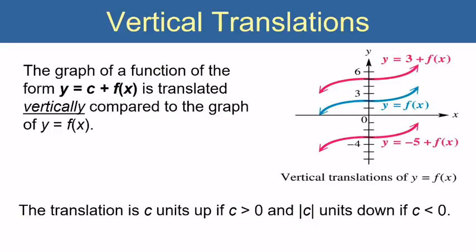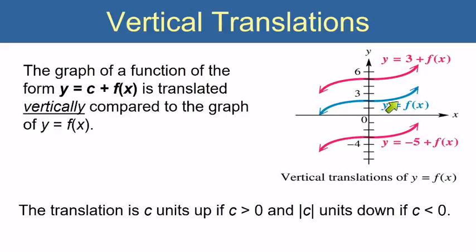Okay, now let's talk about vertical translations. If you have a C number, a number that's added or subtracted from the function, then that's going to move the graph vertically. You can imagine whatever your function value was, if you just add something to every y value, it's going to move it up, or if you subtract something from every y value, it's going to move it down.